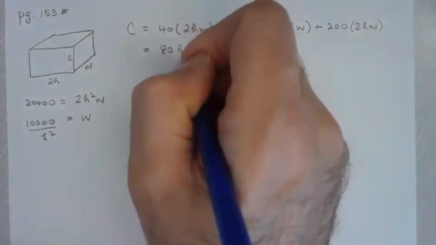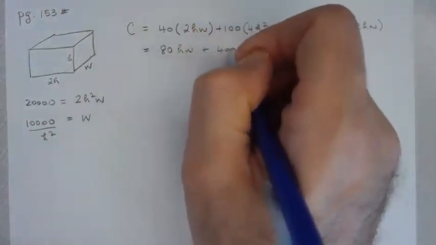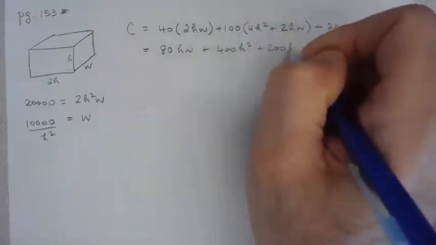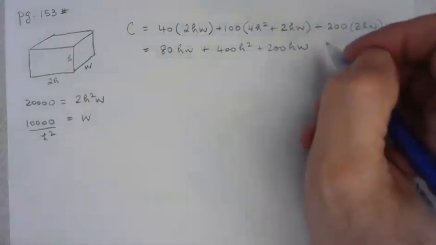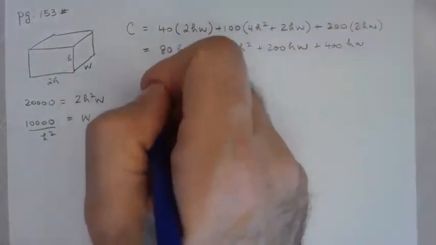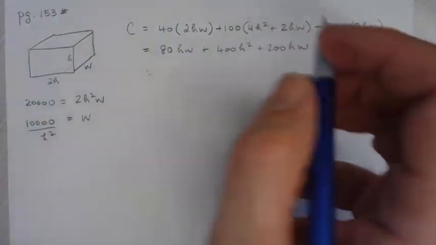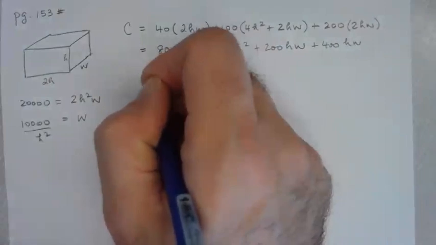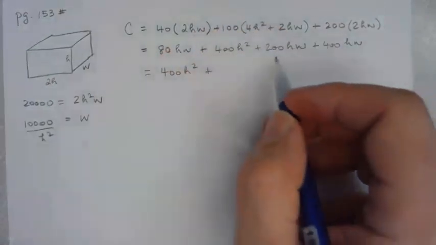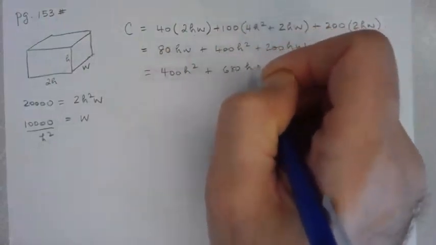So 80 HW plus 400 H squared plus 200 HW plus 400 HW. So that's going to be 400 H squared plus 680 HW.